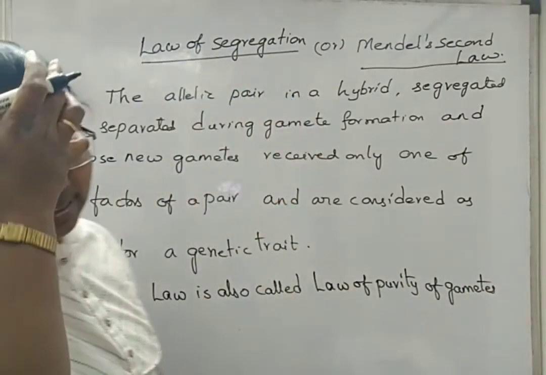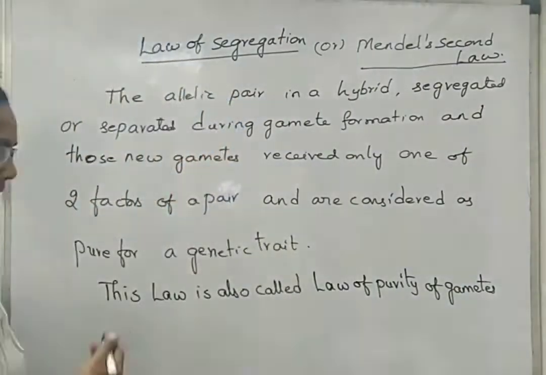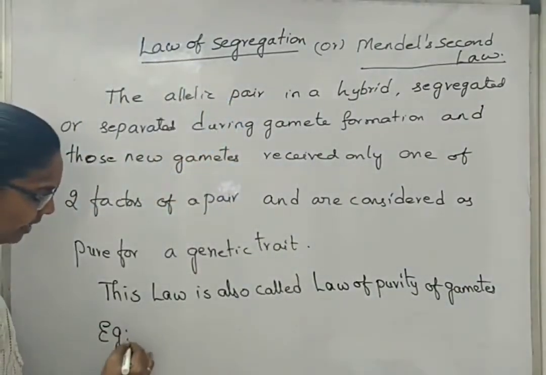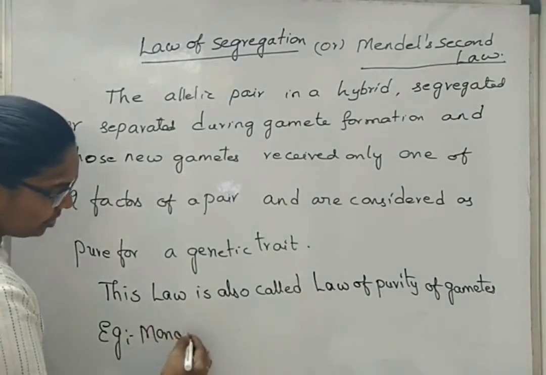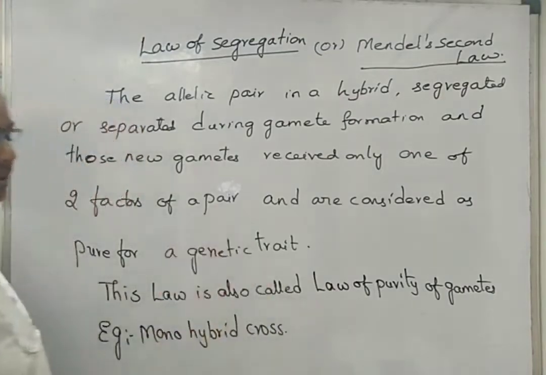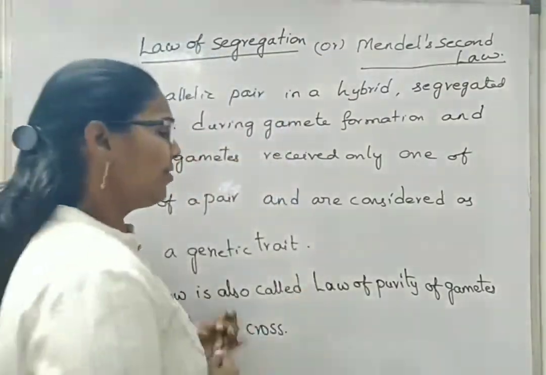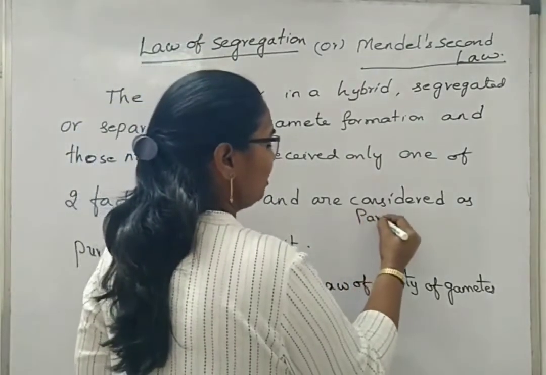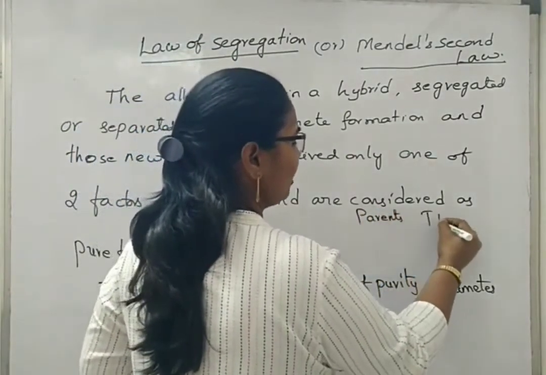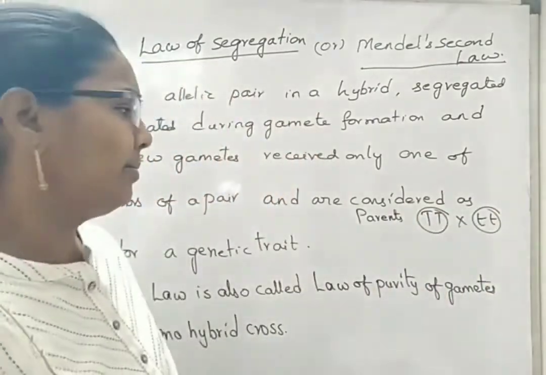Now, what example can we take to explain Mendel's second law? The example taken is again monohybrid cross. Here we can see the best example. In the first step, we have taken the parents, which are homozygous dominant crossed with homozygous recessive parent.